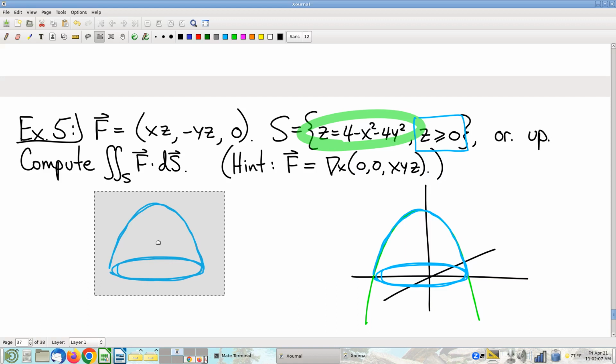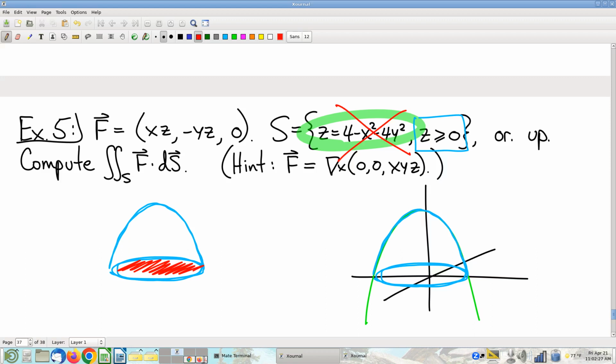And notice points that are on the undersurface, you might say. They are not part of this surface. So this is not a closed surface. Is everybody clear on that?